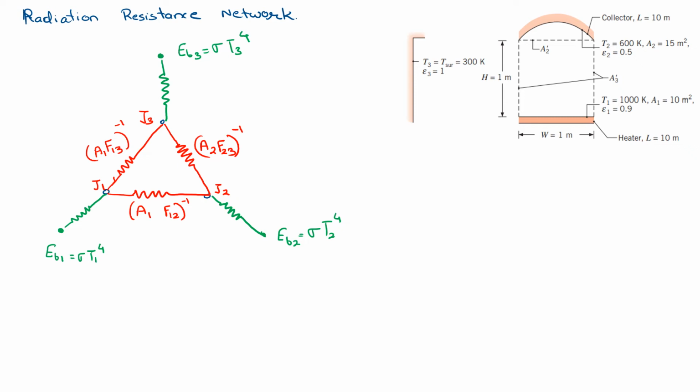The value of the resistance here will be (1 minus epsilon 3) over A3 epsilon 3. This resistance will be (1 minus epsilon 2) over A2 epsilon 2, and this here will be (1 minus epsilon 1) over A1 epsilon 1.